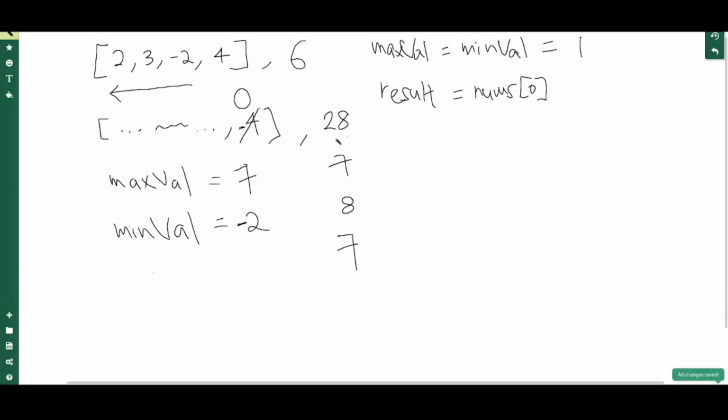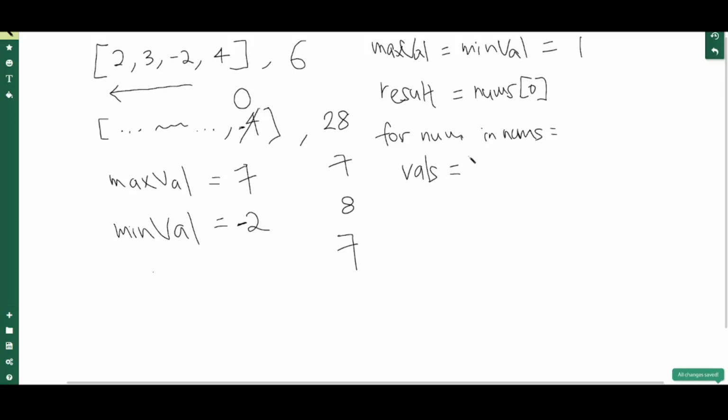Then we iterate over the array for num in nums. For each of these elements, we want to multiply it by... Okay, so we want to keep track of all these elements, and a convenient way of doing this is to initialize some variable. We can call it values because it's going to hold multiple values.